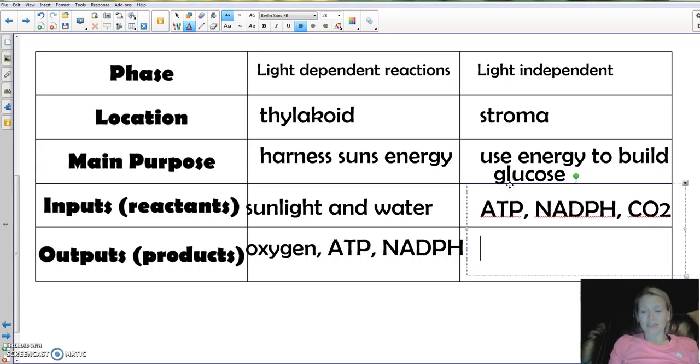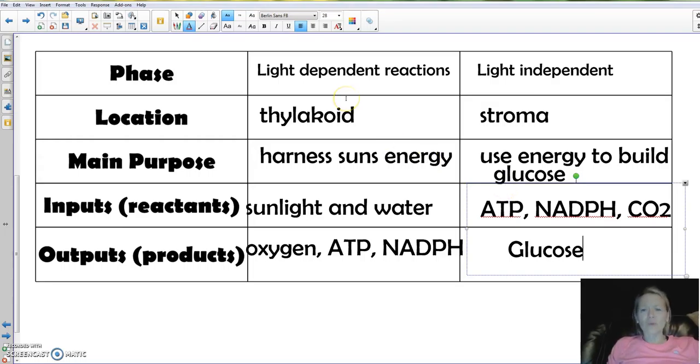Our product is then glucose, or sugars. Technically, we build smaller molecules that will be used to make glucose. But we're just going to say we build glucose.